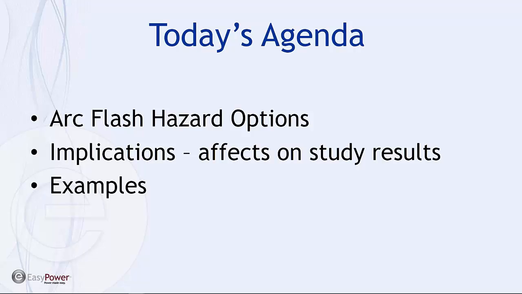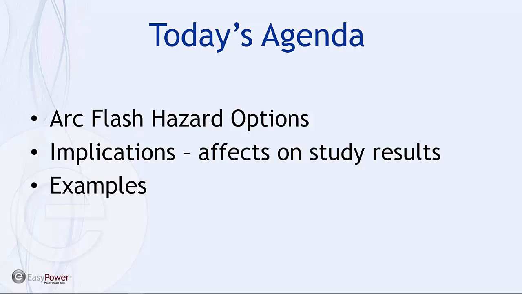Some of the data that's required to utilize these options is incorporated in the tribal knowledge of the plant's maintenance team, and this does have an effect on the outcome of the arc flash risk assessment. So if it's not properly captured during the data collection process and modeling, it may get lost in the process.